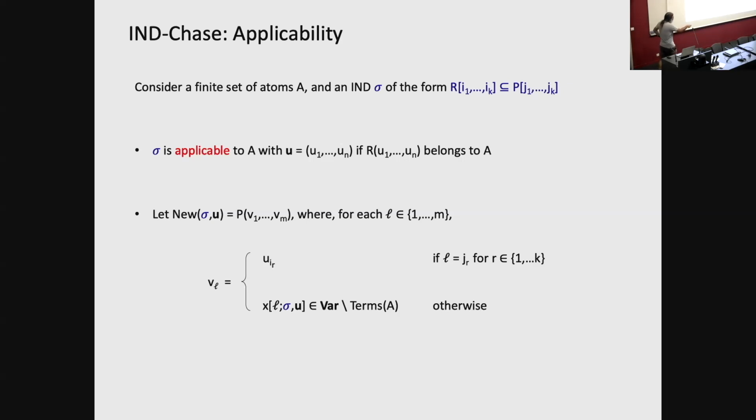Now, for all the other positions in P, which are not positions in J1 up to JK, these are the positions without any constraint, and there we are going to put a fresh variable, which we haven't used before. Here, what I do is the following. Usually, if you open a textbook or read a paper, people say just pick a variable without specifying the name of the variable.